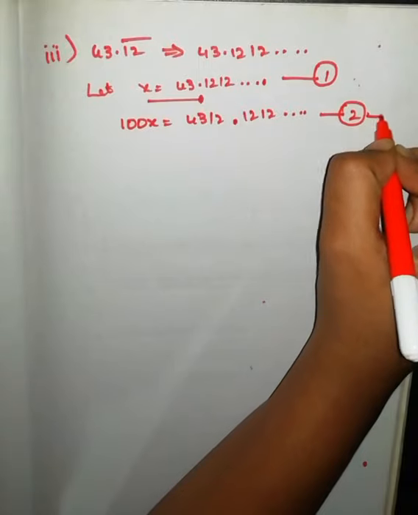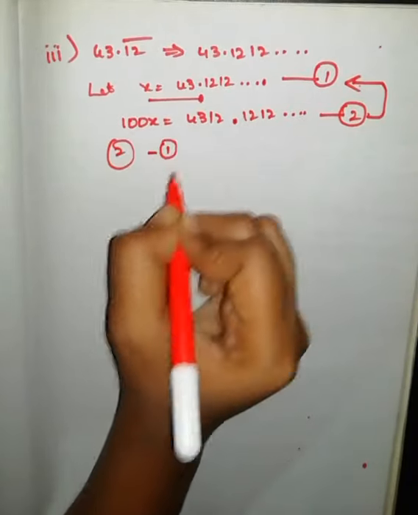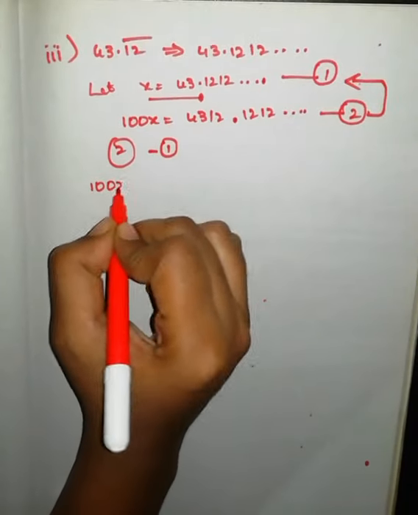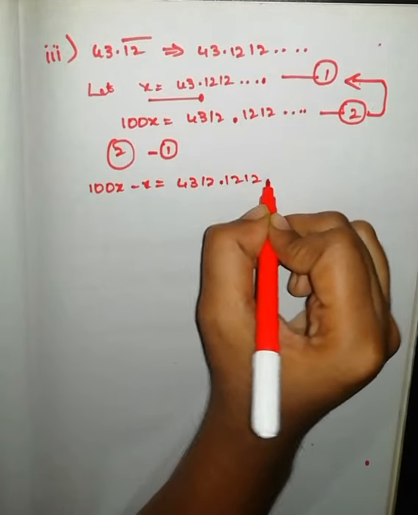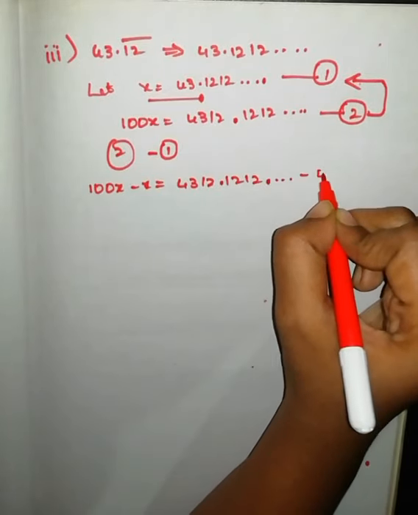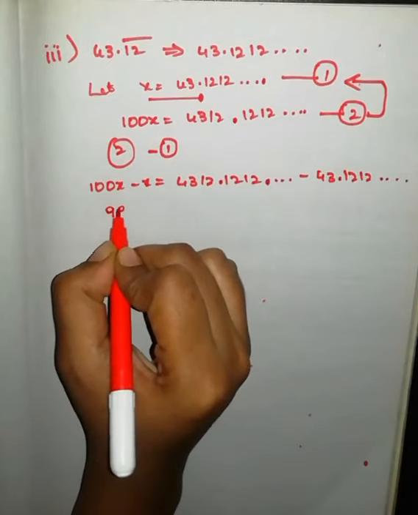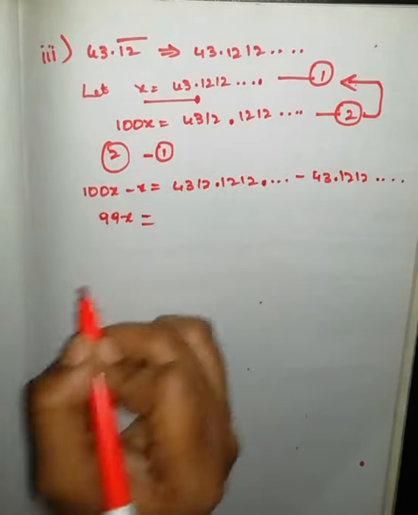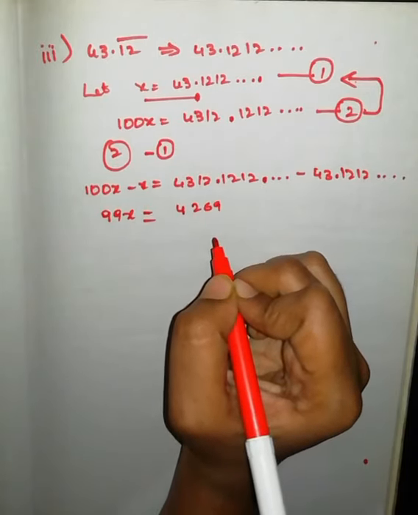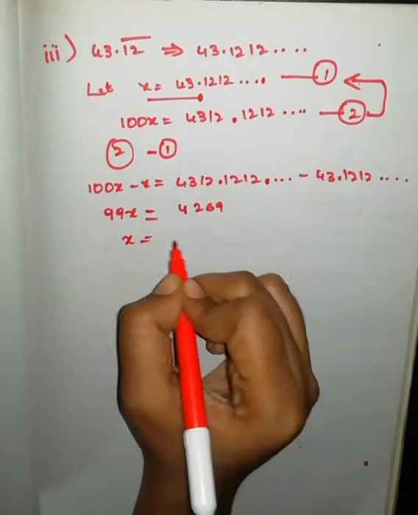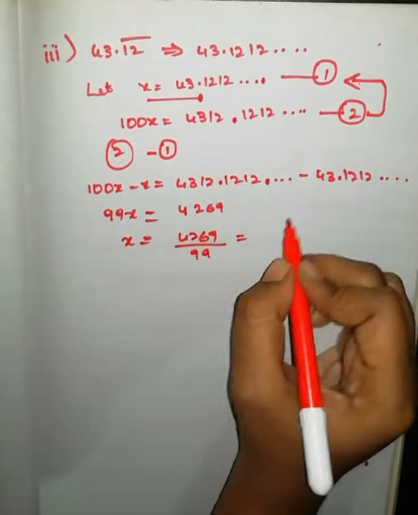Now subtract 1 from 2. We get 100x minus x is equal to 4312.1212 and so on minus 43.1212 and so on, which will become 99x is equal to 4269.